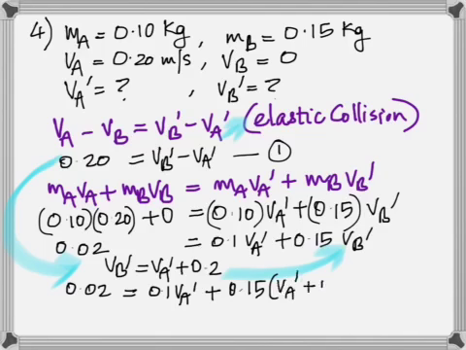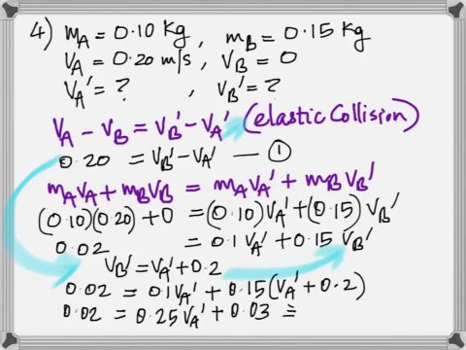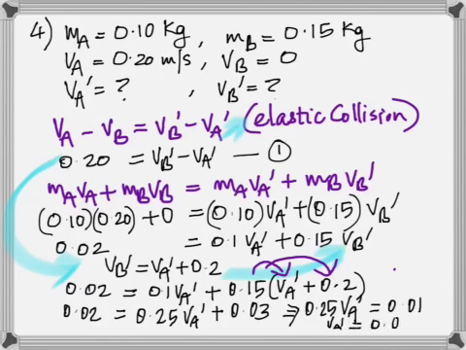In place of v_B prime, you put the whole thing, and you get 0.02 is equal to 0.25 v_A prime. That's because of opening the parenthesis here and getting the two terms. Remember that. So finally, v_A prime is equal to 0.01 by 0.25, that is 0.04 meters per second.